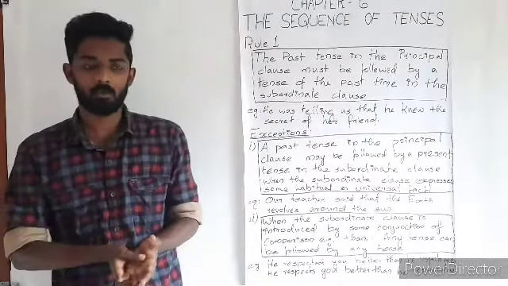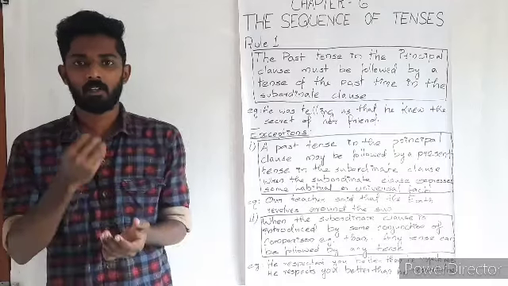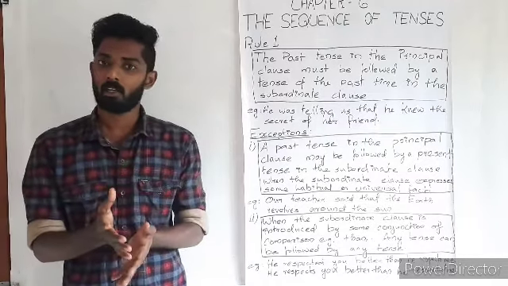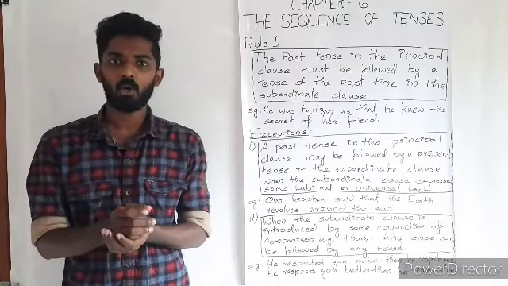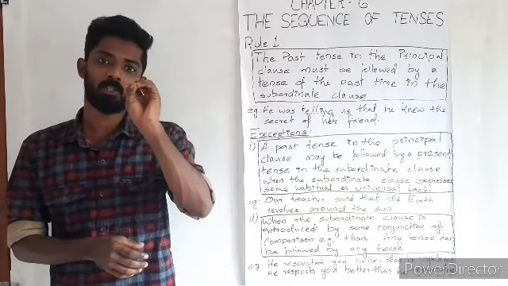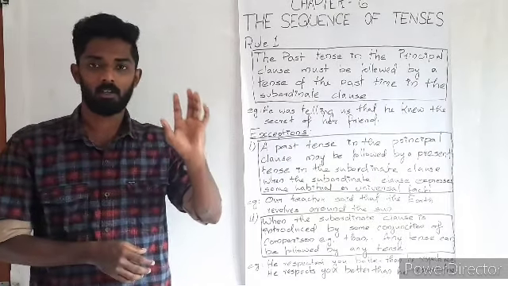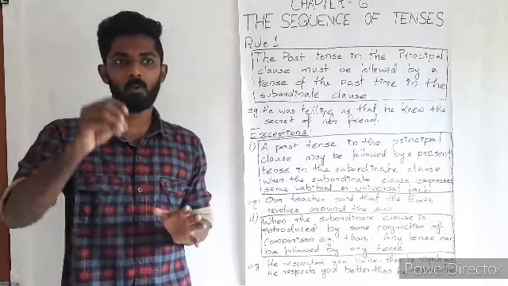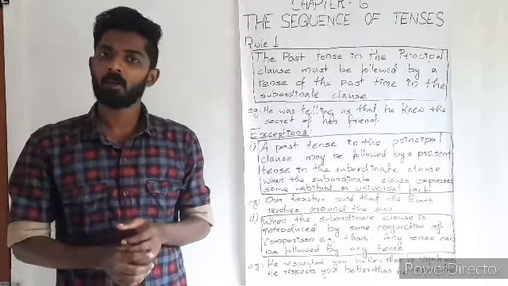I can give one more example. She knew that he would go to Kolkata. So the principal clause is in the past tense, and the subordinate clause is also in the past tense.